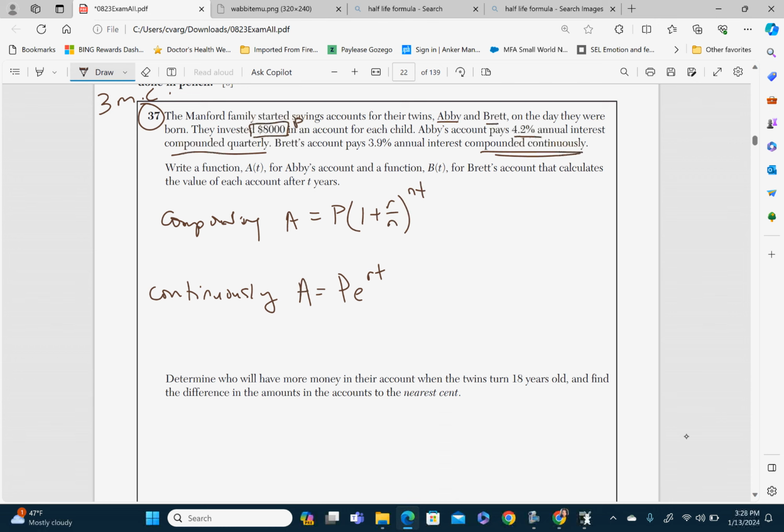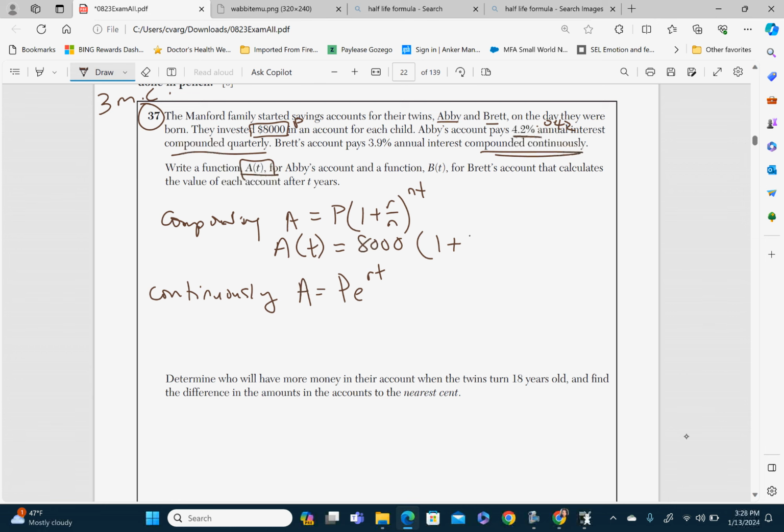So all we're doing now is plugging in some numbers. So we have Abby, A of t, that's our Abby function. So she starts out with 8,000, okay? It's 1 plus our r. Abby pays 4.2, so we're going to put 4.2, right? But we're going to change that percent to a decimal, so that's 0.042.